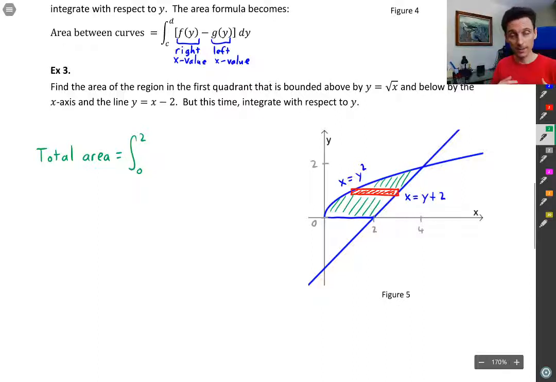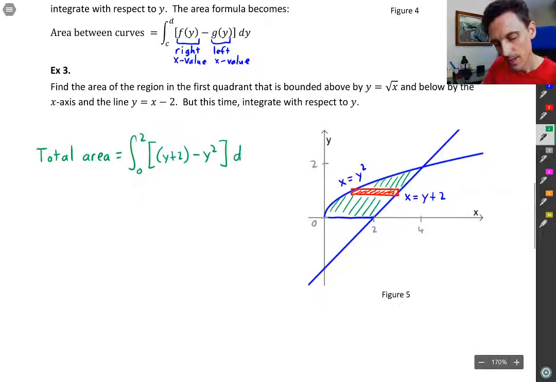We're integrating in the y direction now, with respect to y, of the right function, the one with the bigger x values, which is y plus 2, minus the left function, which is y squared. That one has the smaller x values. And then we've got a dy at the end, not a dx, because we're integrating with respect to y. We're integrating in the y direction.